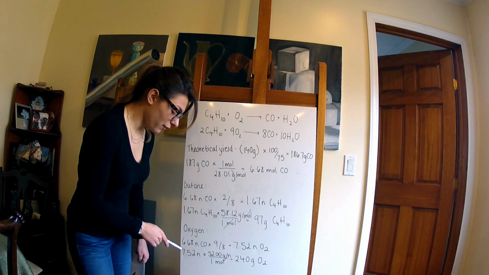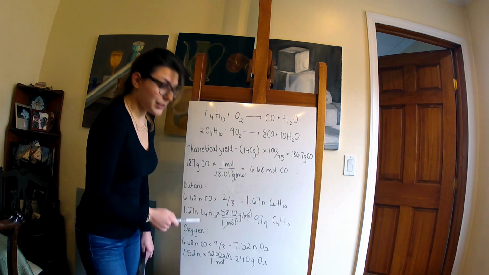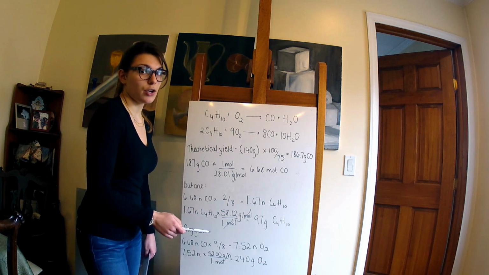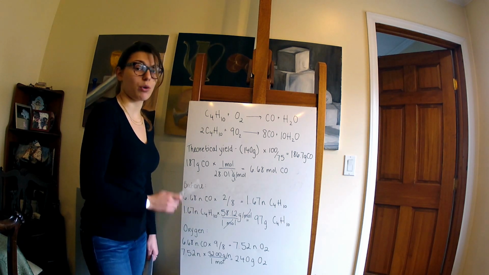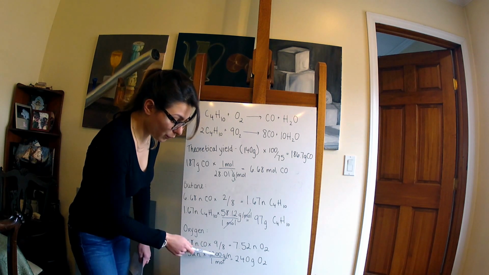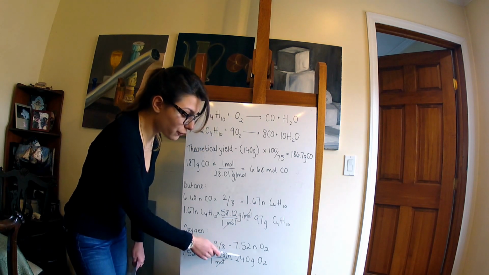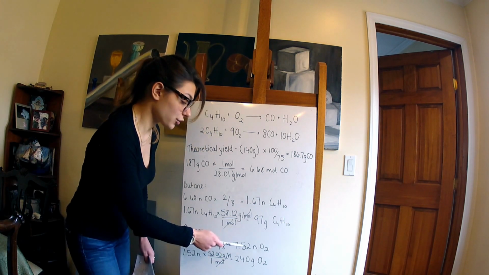So 7.52 moles times the molecular weight of oxygen. Since we're using diatomic oxygen here, you want to take the molecular weight of oxygen and multiply by 2. So you get 32 grams per mole over 1 mole. Then you cancel out the moles, and you get 240 grams of diatomic oxygen.